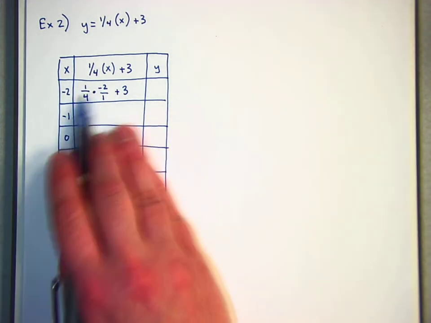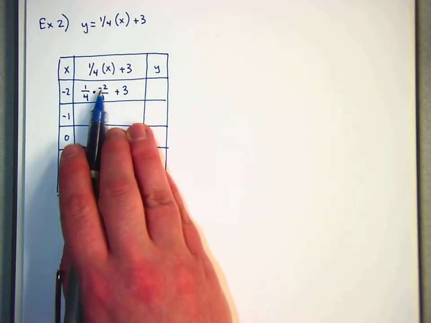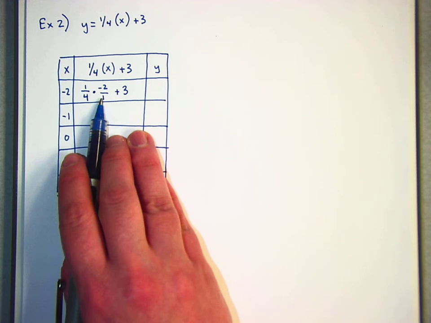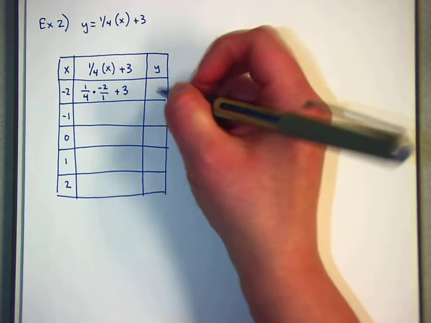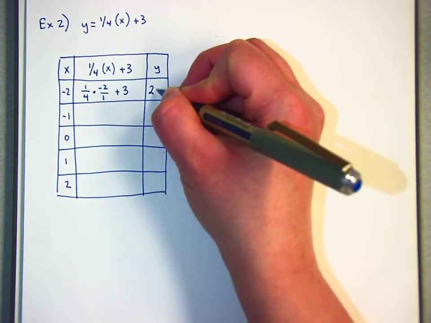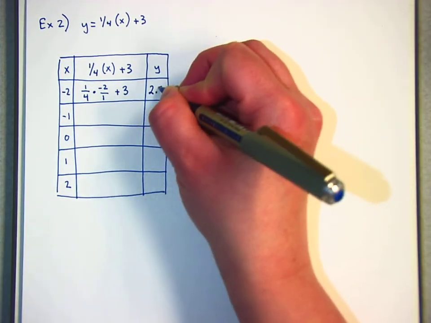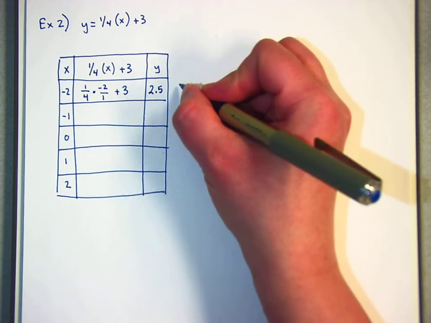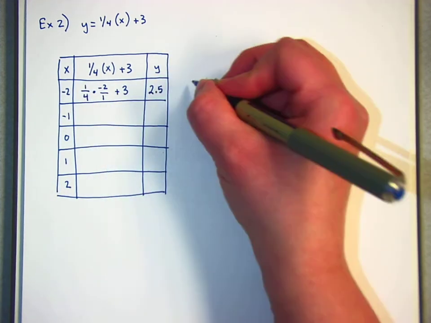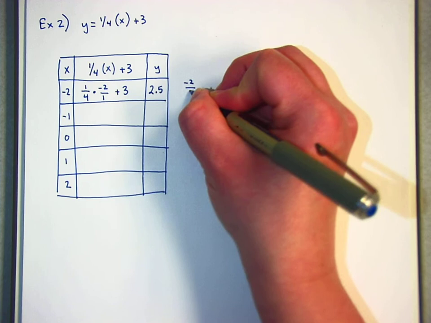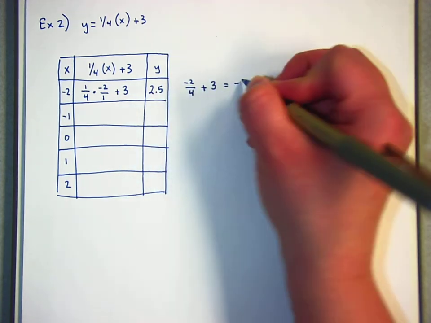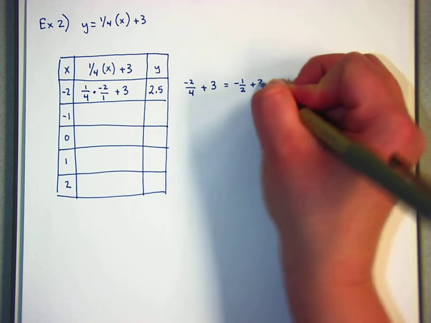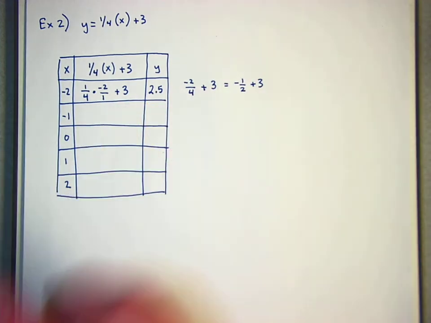So if I multiply across, I get -2/4, or -1/2, and then if I add 3 to that, I get 2.5. So again, if I multiply across, that's -2/4 plus 3, which is -1/2 plus 3, which makes 2.5.